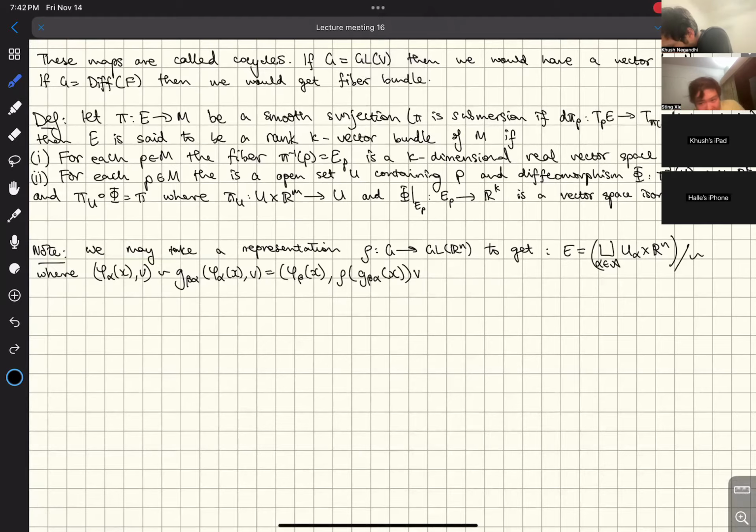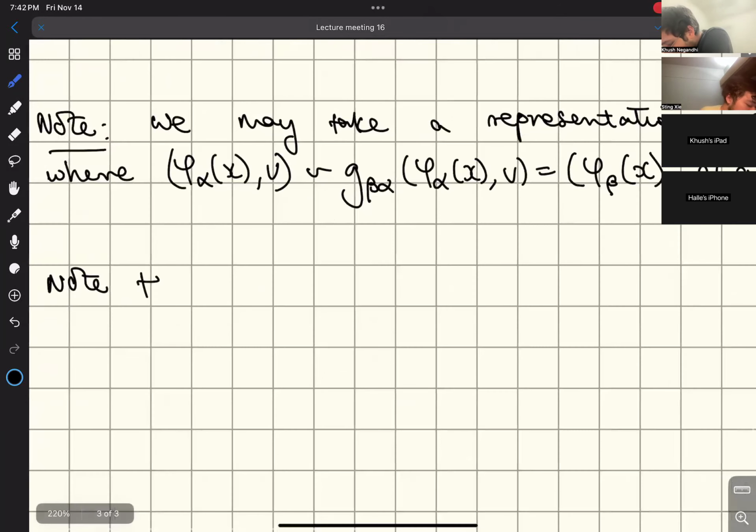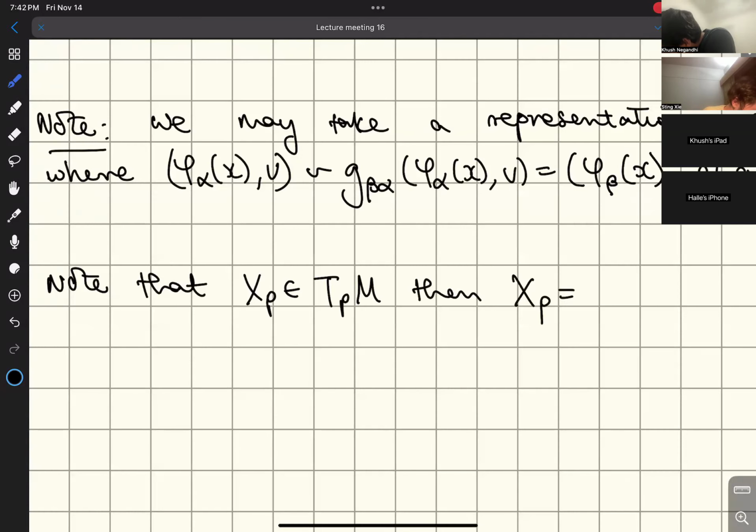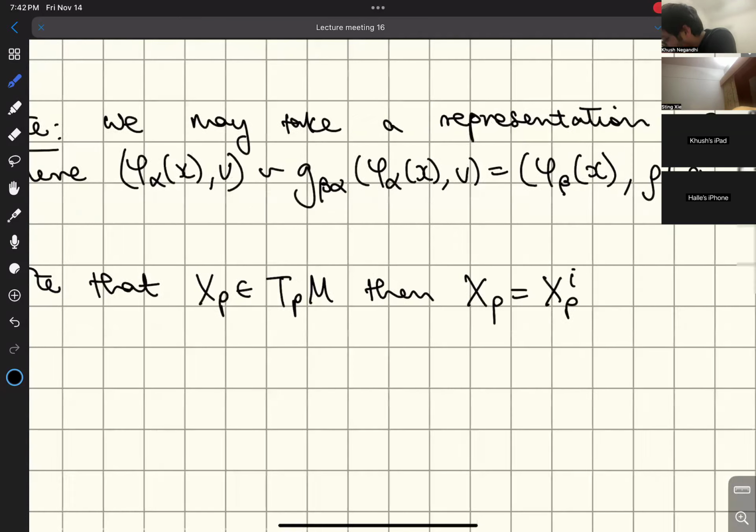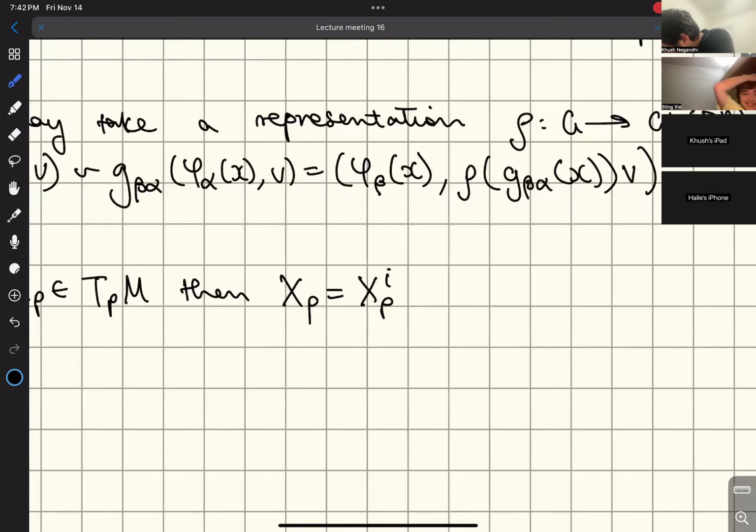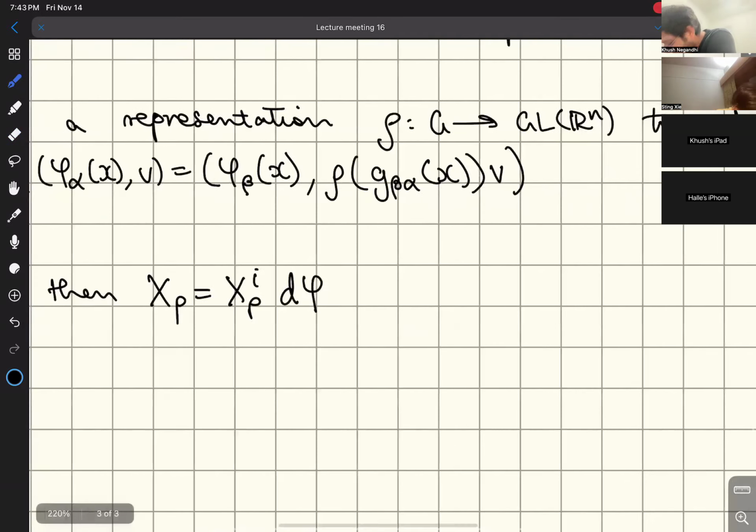So note that if you have a tangent vector X_p at T_pM, then X_p is nothing but some coefficients times partial derivatives.